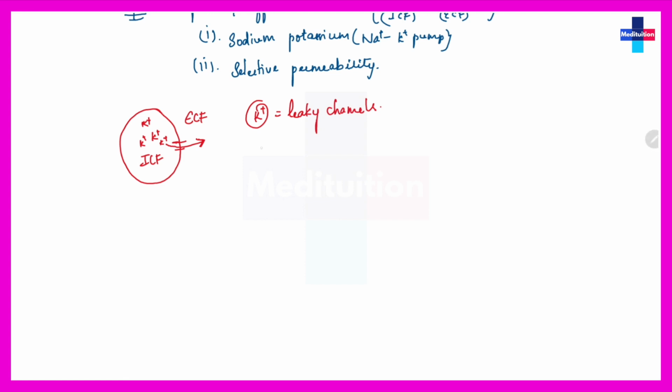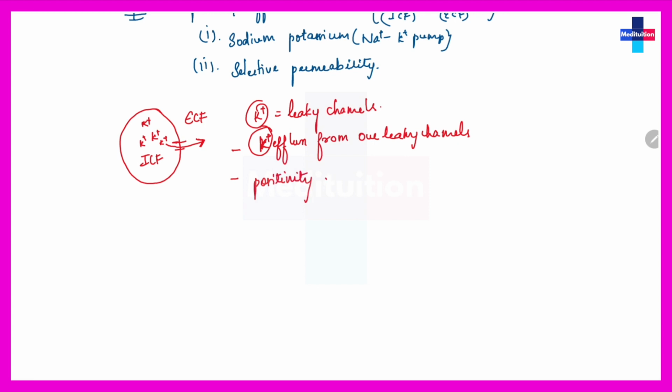Just because of the potassium efflux from the leaky channels, positivity will be coming out. Potassium has a positive charge, so the positivity in the ECF will be more now, as potassium is effluxed a lot.